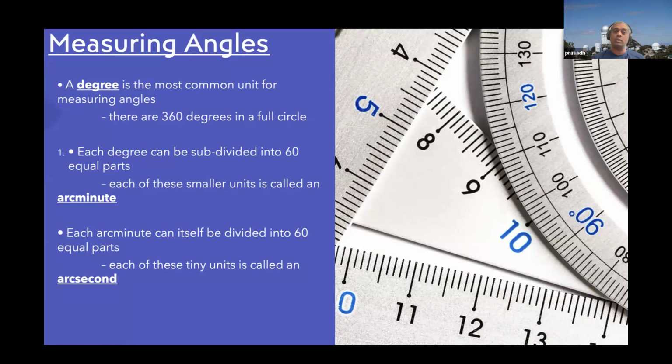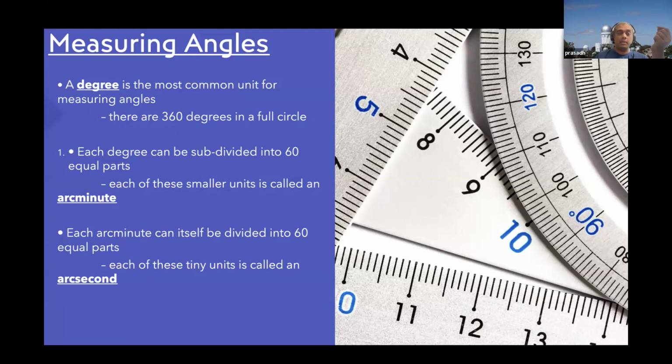I assume that all of you know what a degree is. When you measure angles in mathematics, you use degrees, and usually we assume that we have 360 degrees if you rotate one complete circle. For each degree, you subdivide it into 60 equal parts, and one small part from these 60 divisions we call an arc minute.